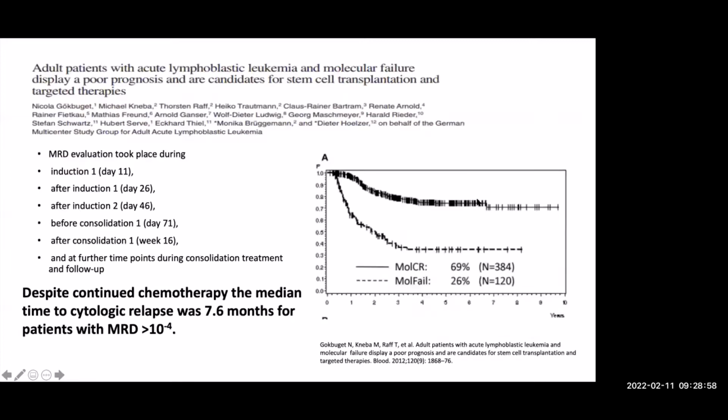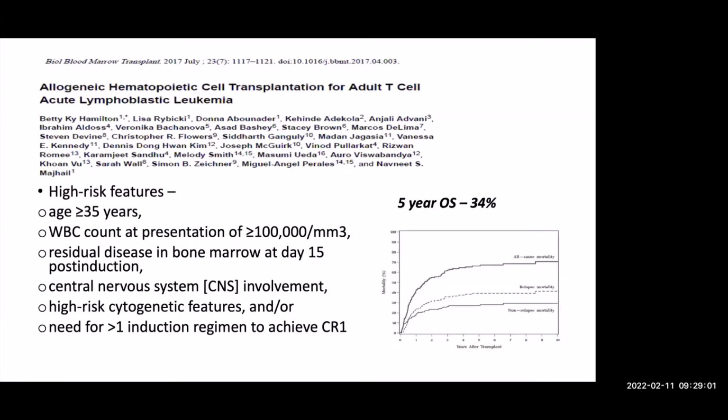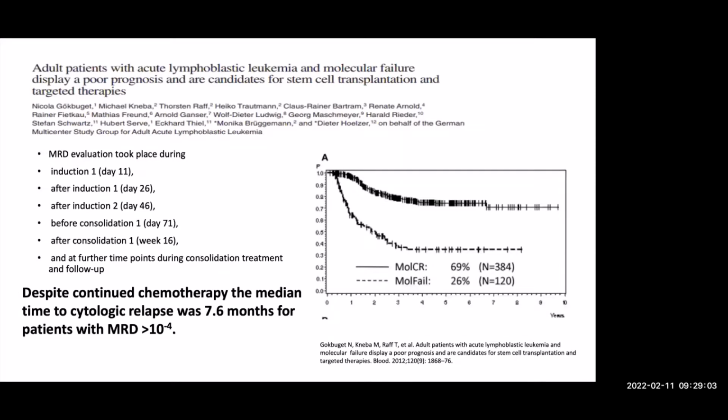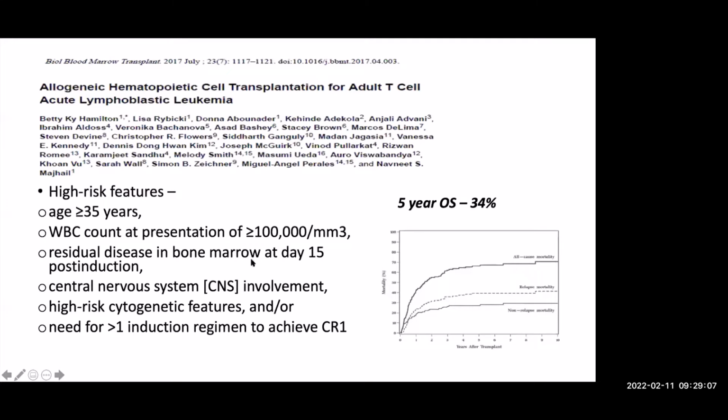So for these patients, allogeneic stem cell transplant is recommended. These are the conventional risk factors used before the use of MRD.